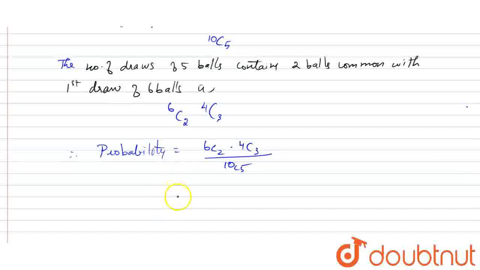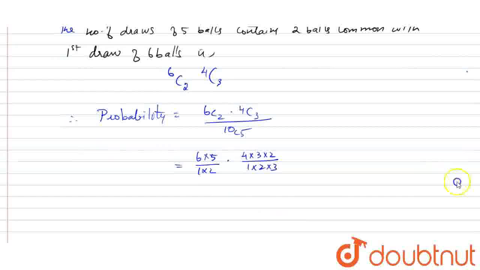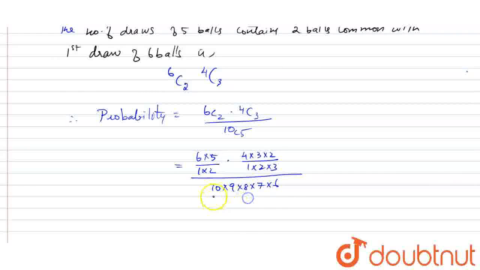Okay students, I'm going to substitute the value here. So 6 into 5 divided by 1 into 2, into 4 into 3 into 2 divided by 1 into 2 into 3, and then the whole divided by 10 into 9 into 8 into 7 into 6 divided by 1 into 2 into 3 into 4 into 5.